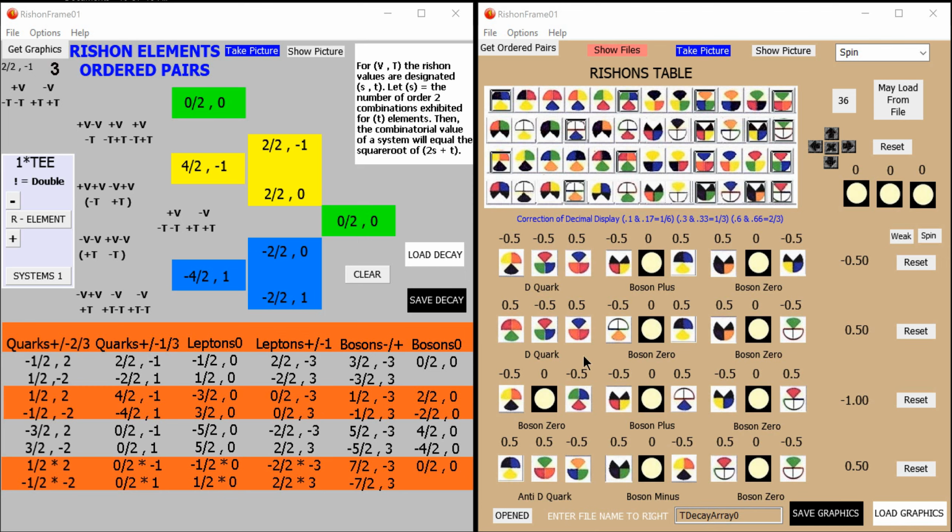So we have this generic D, which is the original generic D, except there's been an exchange of anti-T Rishons to change the spin from minus 1/2 to plus 1/2.